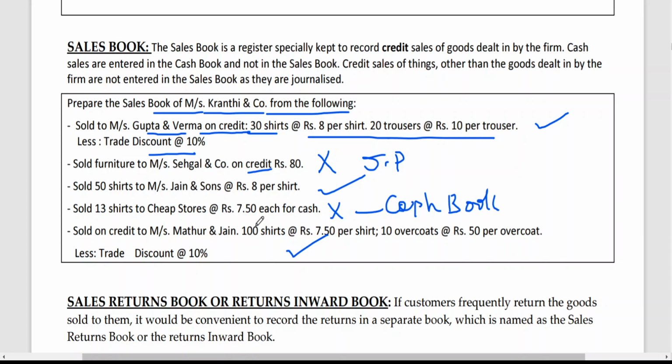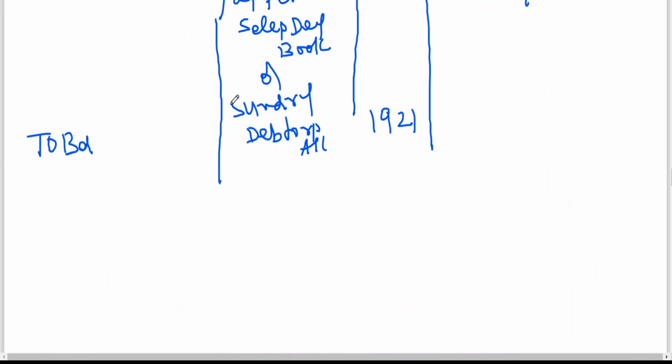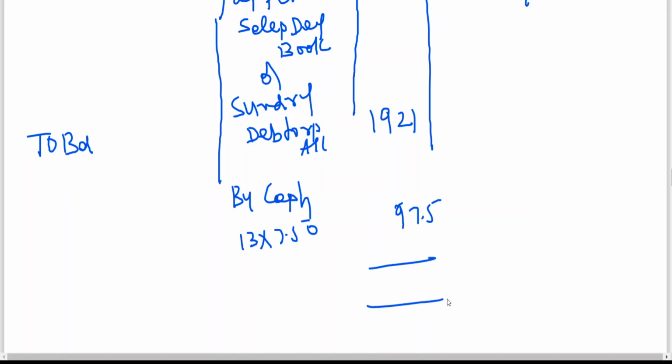Cash account debit to sales. 13 into 7 rupees 50 paise is coming to 97.5. So 1921 plus 97.5 is coming to 2018.5.